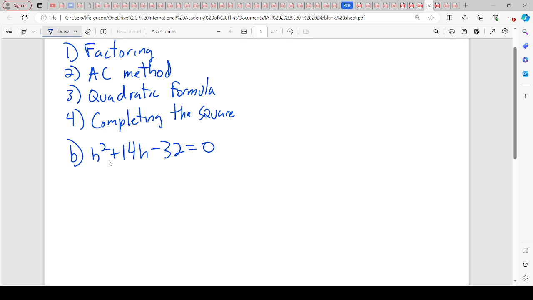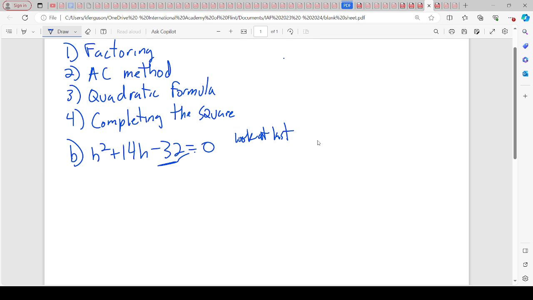When I have a quadratic equation and I want to factor it, I need to look at the last term. So the last term is negative 32.